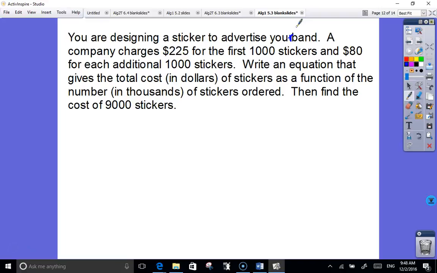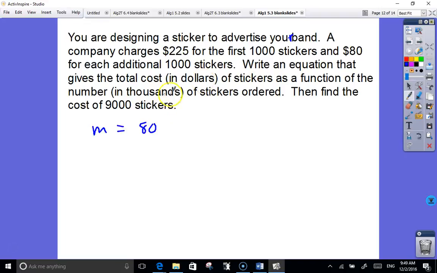Okay, let's see. What are they telling us when they tell us $80 for each additional 1,000 stickers? That's like saying $80 per 1,000. It's the M, right? They just told you the M. So the M is $80 for every additional 1,000.